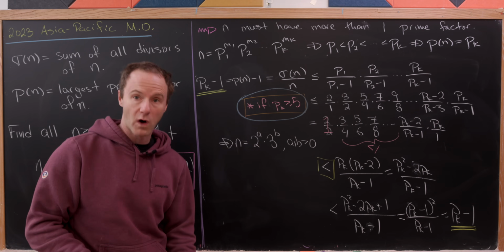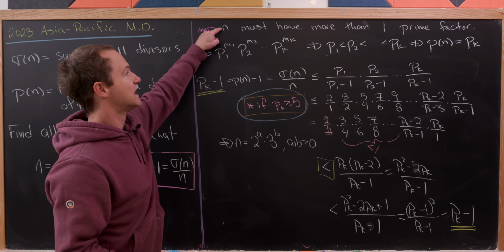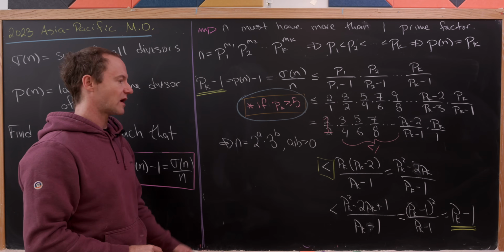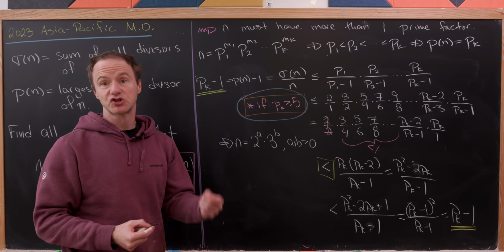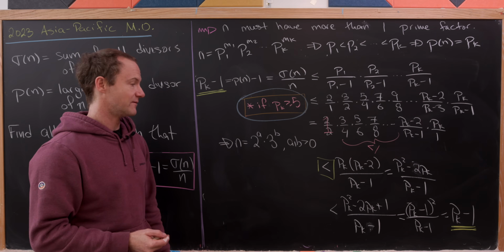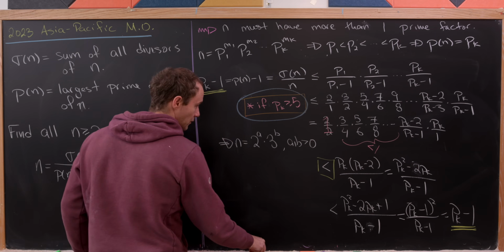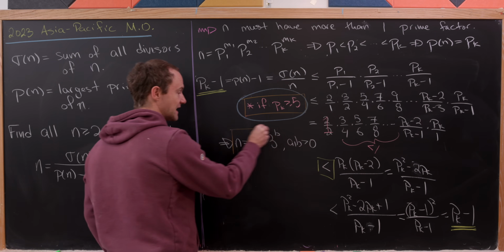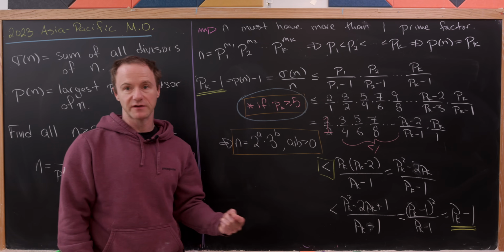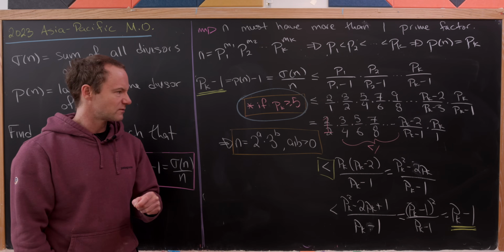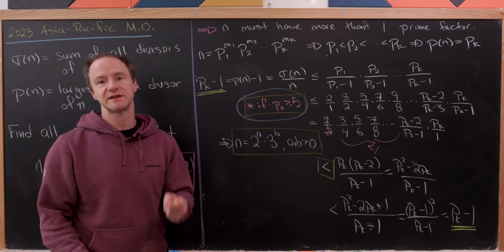And that's because if one of them is equal to 0, then n has exactly one prime factor, but we already showed in our warm-up that n has strictly more than one prime factor. So, well, that's a good place to be. Notice we've got n is equal to 2 to the a times 3 to the b. A and b are both bigger than 0. So I think that puts us into a pretty good spot to finish this thing off.